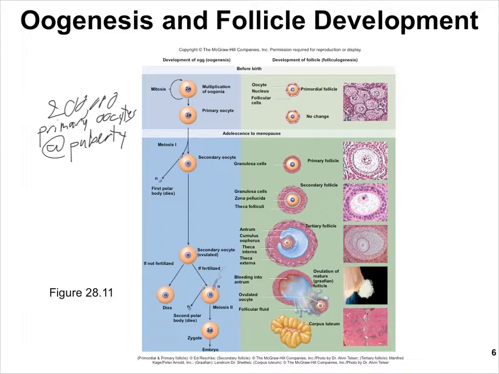But during menopause, the ovarian cycle begins. And the ovarian cycle, every month, women go through what's called the sexual cycle, which consists of the ovarian cycle, which is the events that happen in the ovaries, and the menstrual cycle, which is the events that happen in the uterus.